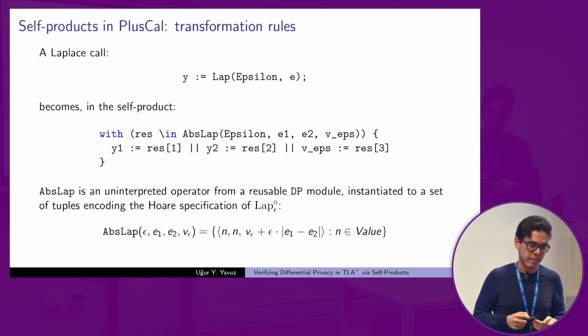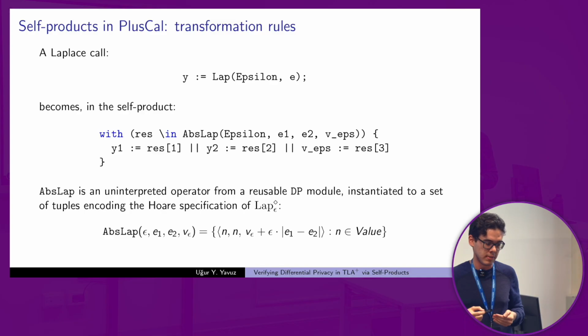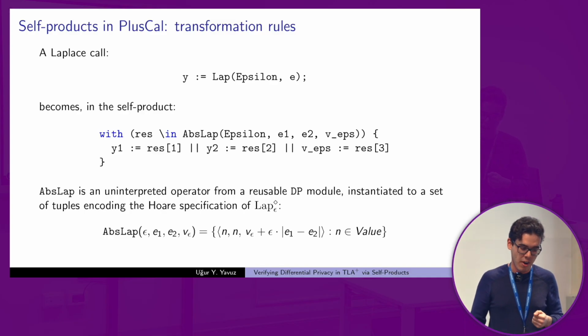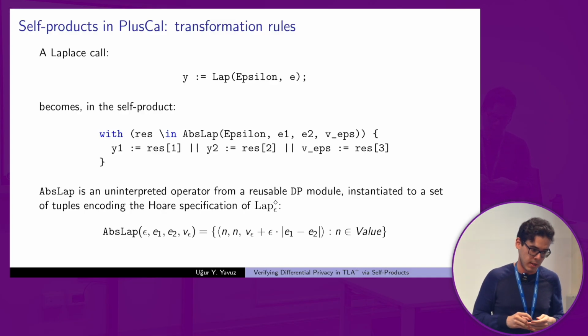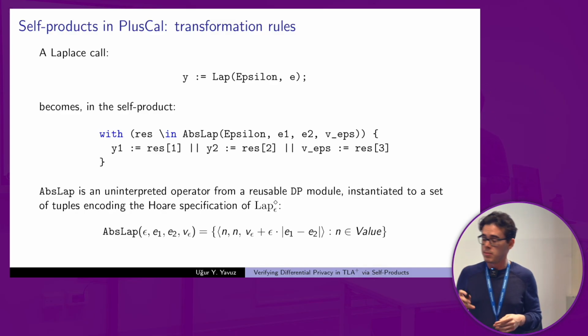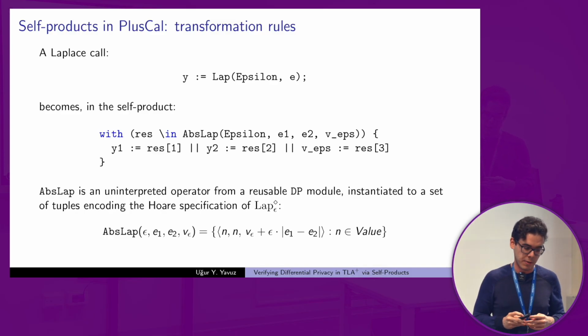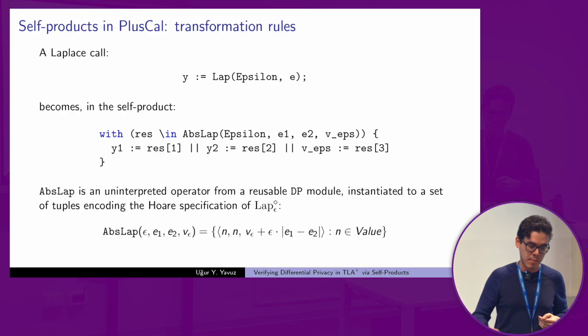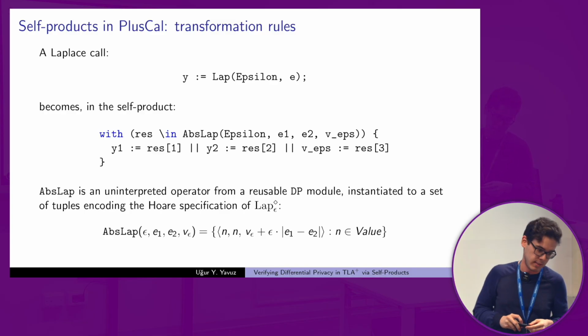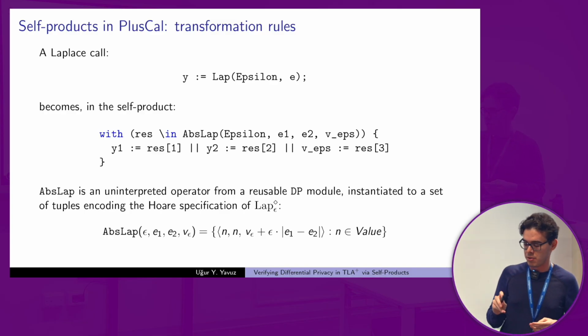For verification, we instantiate it to the set of tuples that encodes the Hoare specification of the abstract Laplace call that came from Barth's construction. Specifically, all tuples where the first two components are some value n, and the third component is v epsilon plus epsilon times the absolute difference of the two inputs to the mechanism. That's just the semantics we showed two slides ago.